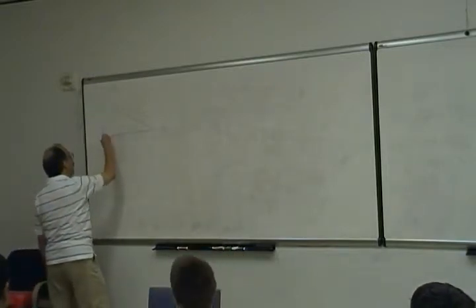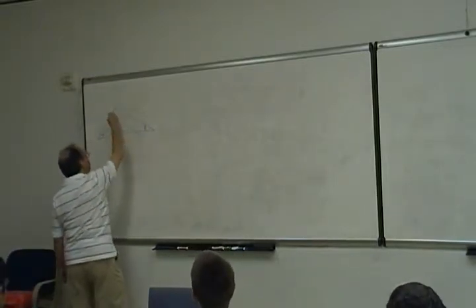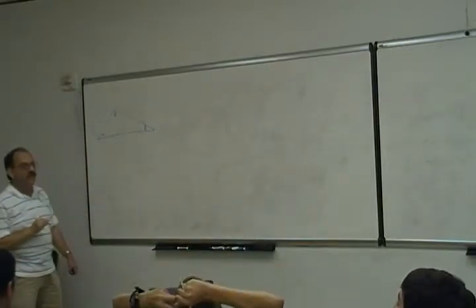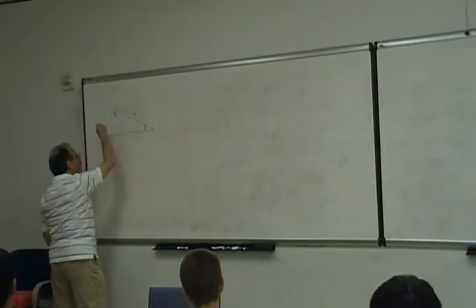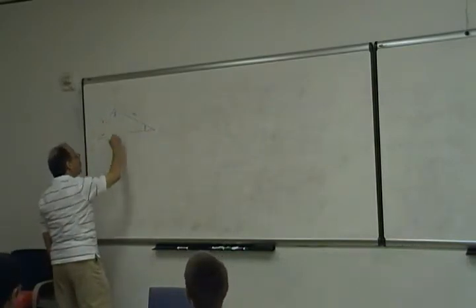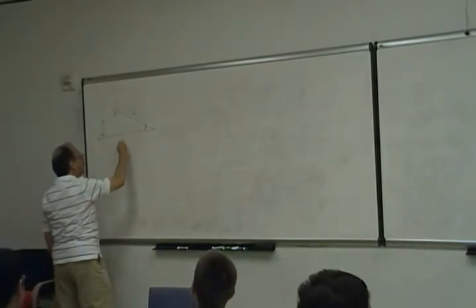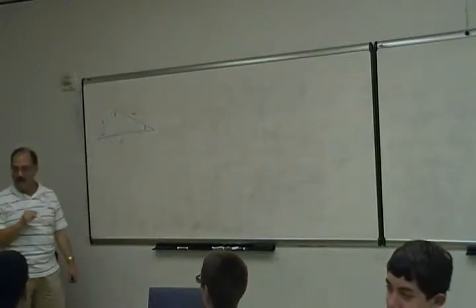I'm going to call them alpha, beta, and gamma. The side opposite alpha has length A. The side opposite beta has length B. The side opposite gamma has length C. Okay?